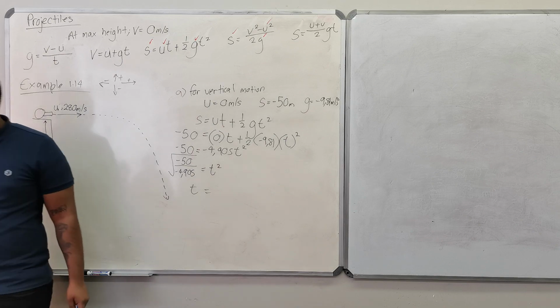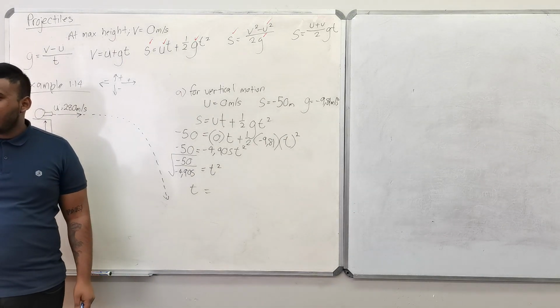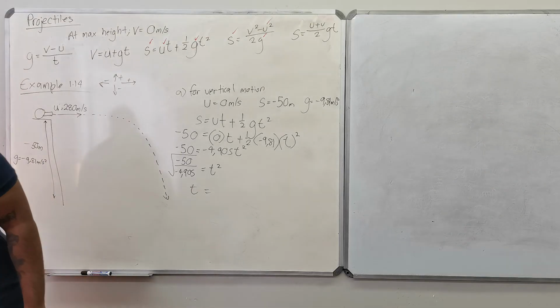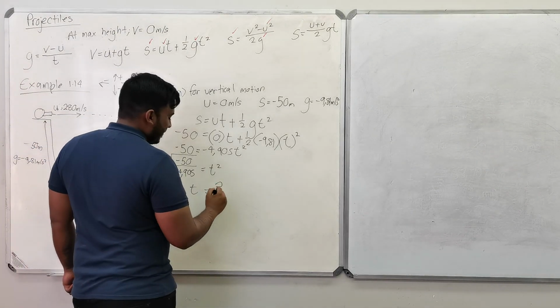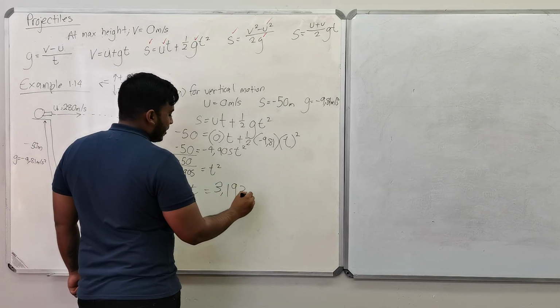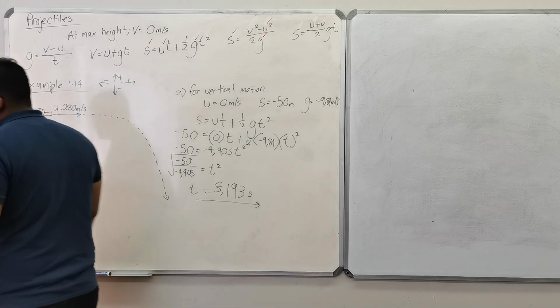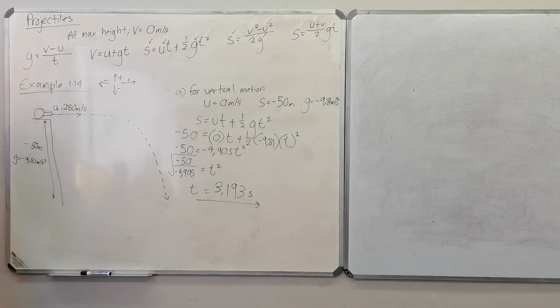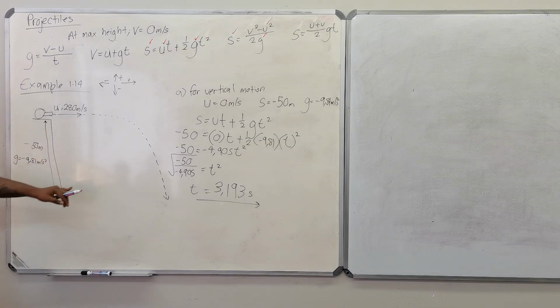3.19. What did you get? 3.19. It's 50 divided by 4.905, then the square root. So we worked out the time: 3.19 seconds, rounded. That's the time for the motion of the shell.